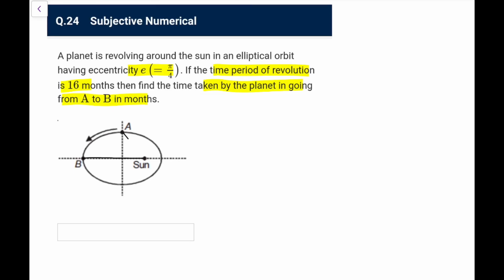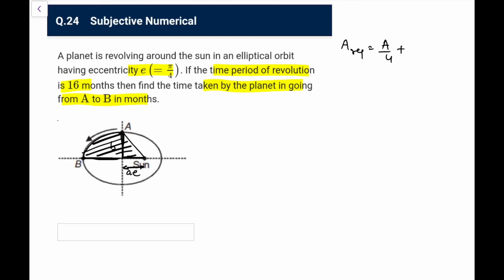We know the area is proportional to time, since dA/dt remains constant. This area is one-fourth of the elliptical area plus the triangle's area, and eccentricity will help us find it. The required area is A/4, where A is the total area, plus the triangle's area. If this is B, this distance is equal to A times e.